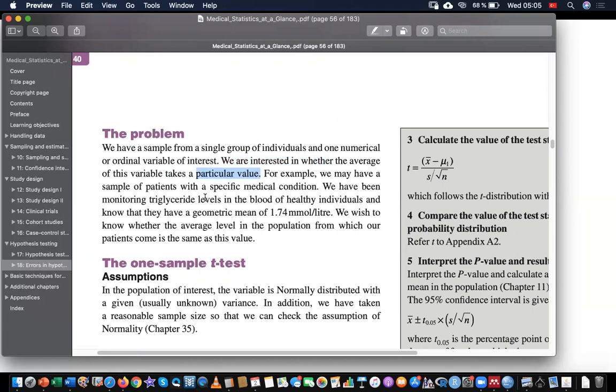I measured the blood pressure of you students, and I want to see if it is more or less significantly different from 140. This is a value I know. 140 is the limit for hypertension for systolic blood pressure.